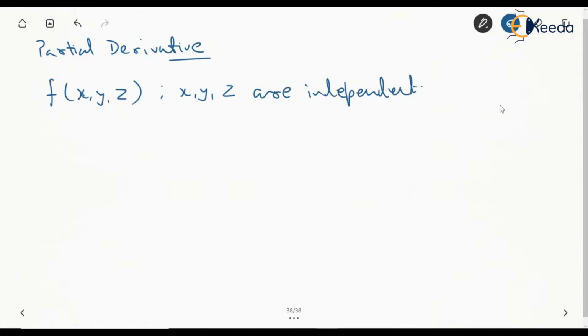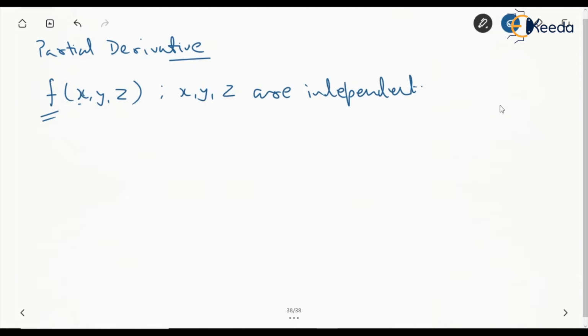Then in that case, when we are finding the partial derivative, we differentiate the function with respect to one of the variables, let's say x, treating all the other independent variables as constant.